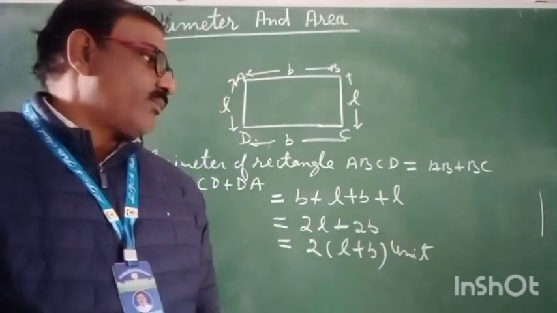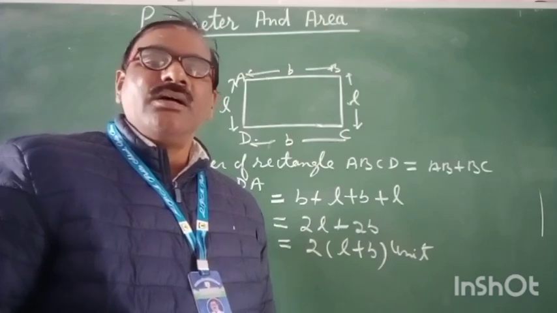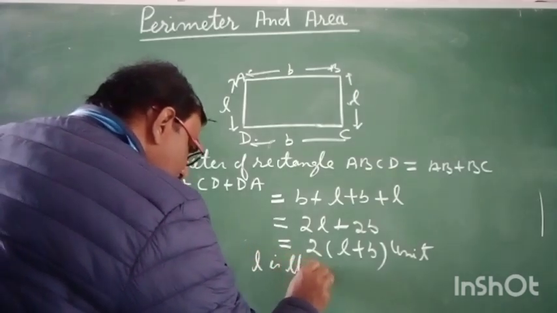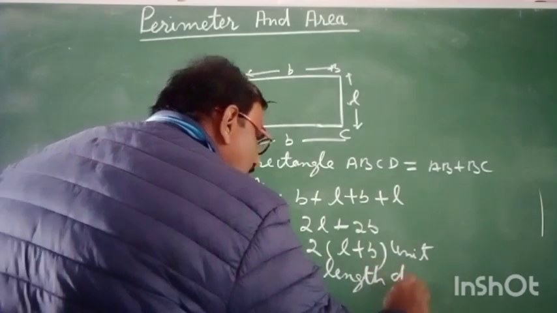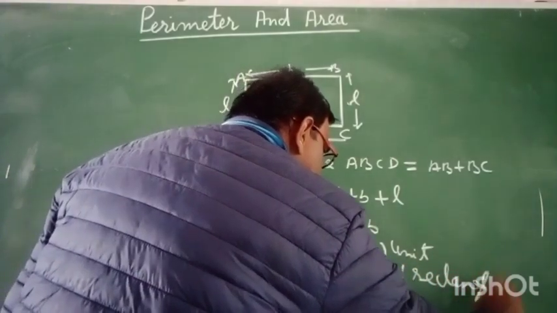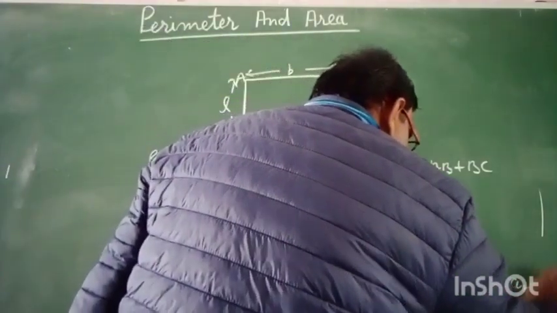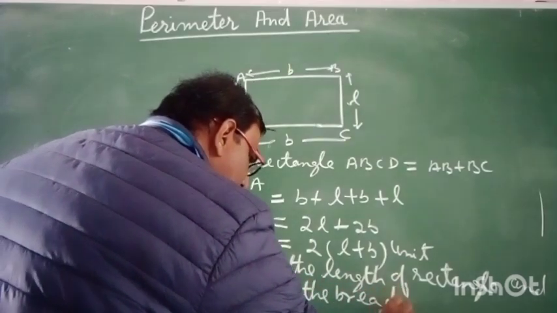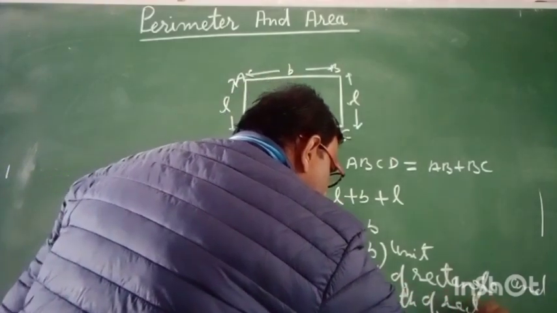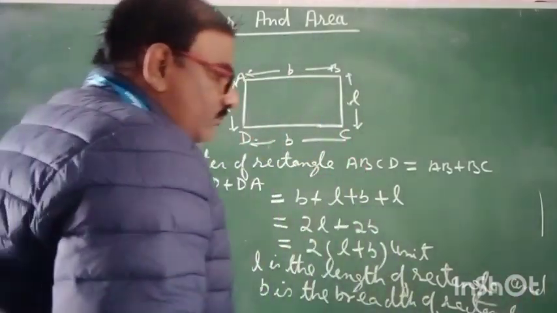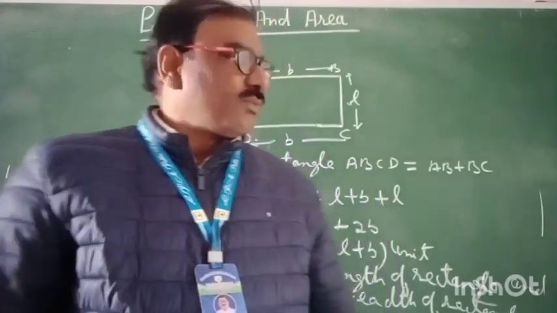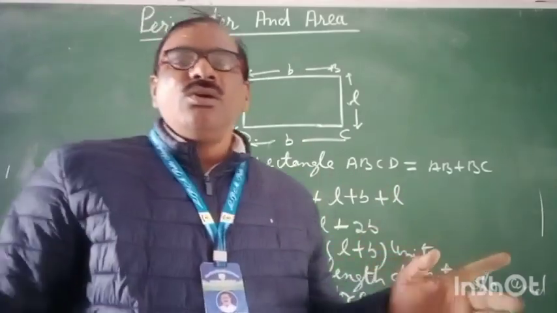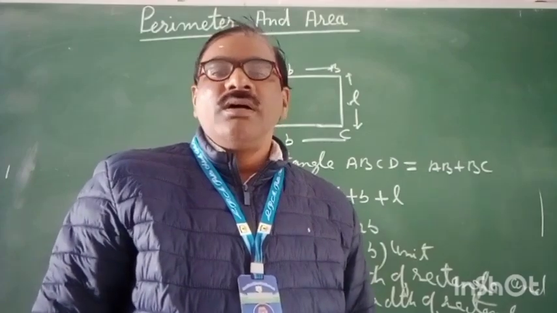Here L is the length of the rectangle and B is the breadth of the rectangle. So dear students, I hope this is clear to you, that the perimeter formula of a rectangle is 2(L plus B), where L is the length of the rectangle and B is the breadth of the rectangle.